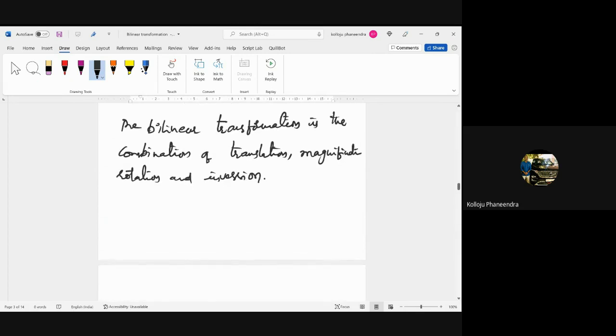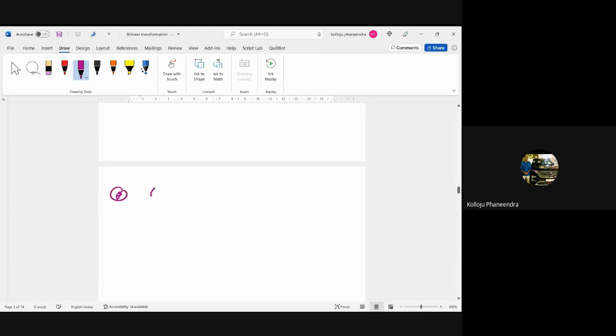And one more point is the cross ratio principle in bilinear transformation. This is important. What is that?